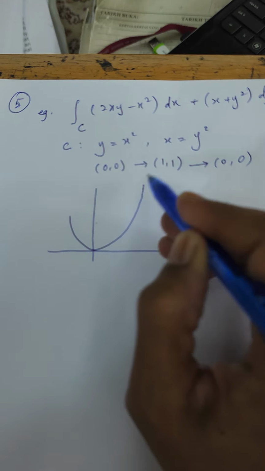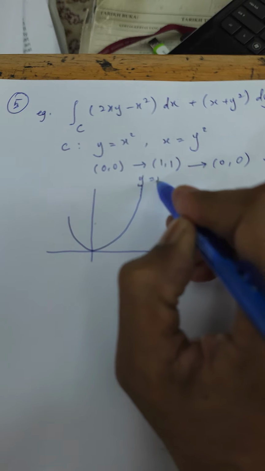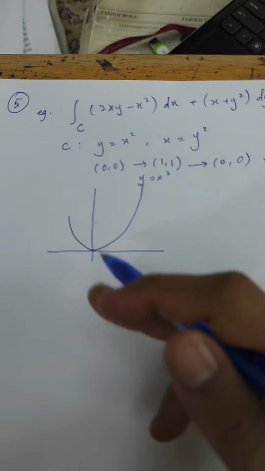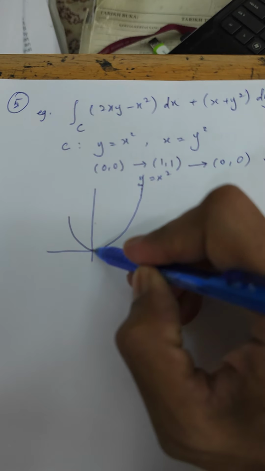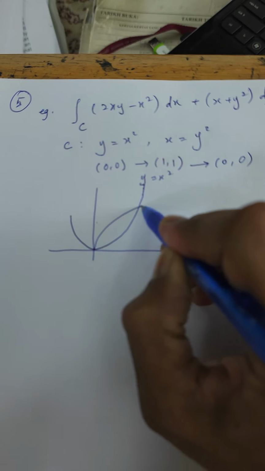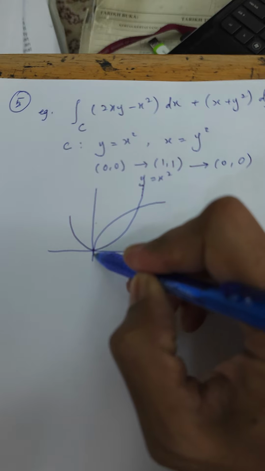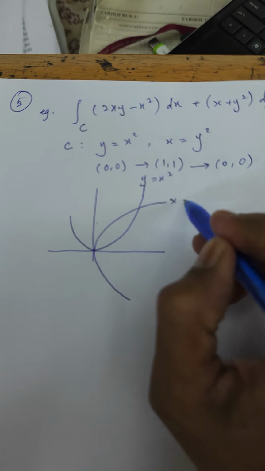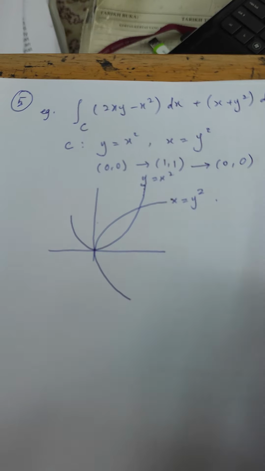Let's say this is y equal to x squared, and for x equal to y squared, we have that. Just take this side. This is x equal to y squared.